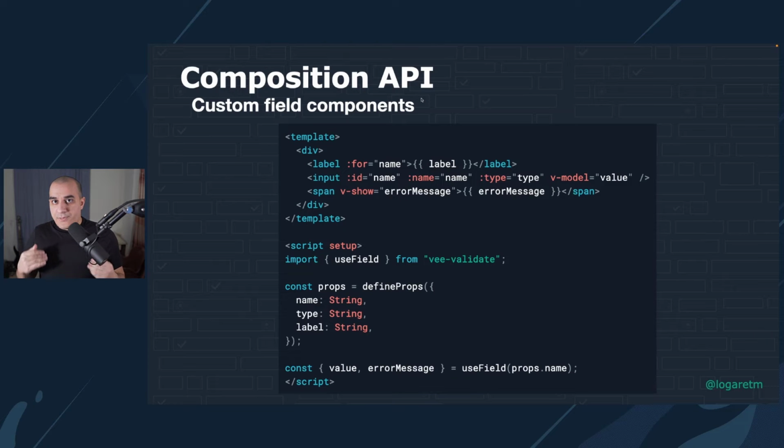Now, let's talk about something really useful. And this is what I believe the composition API in vee-validate is built for. This is the vision I had for it. So you use it to create your custom UI components. In this example, we are creating a custom text input component that uses useField to basically register this component as a field for any vee-validate form that uses it.